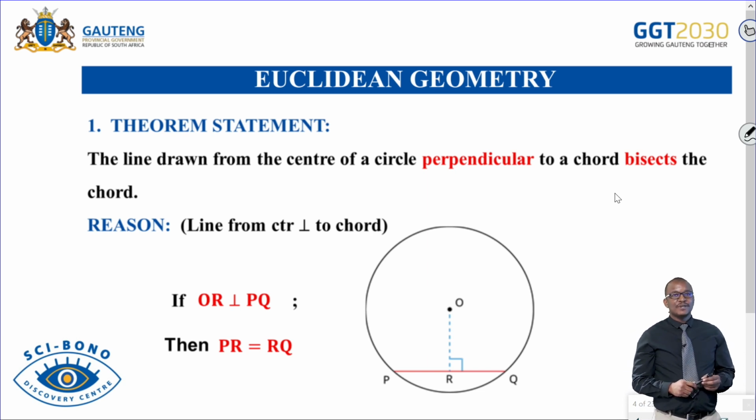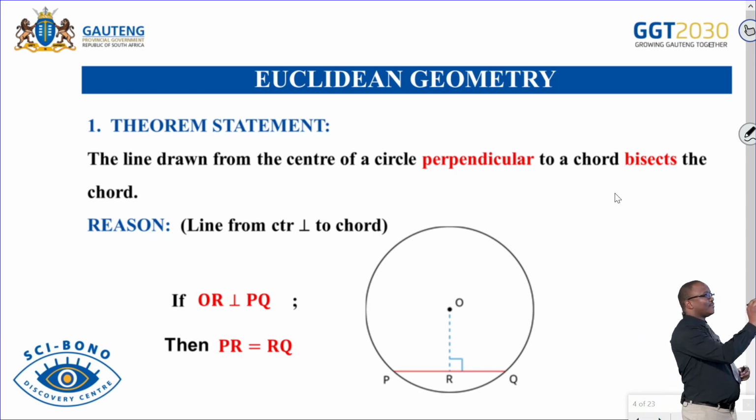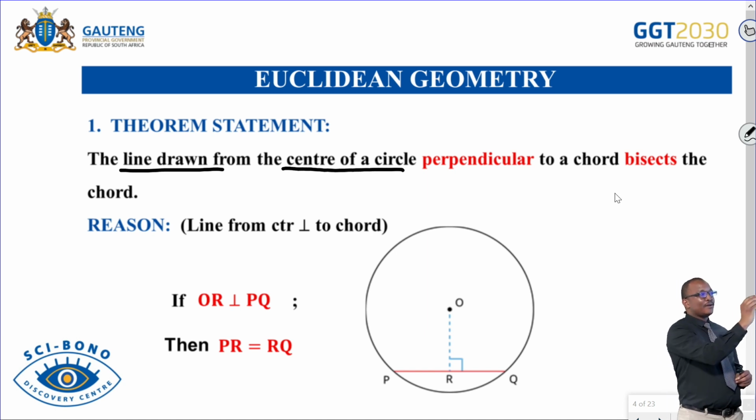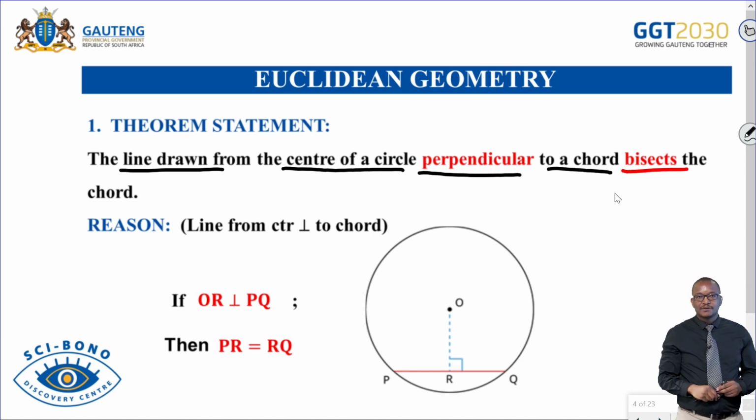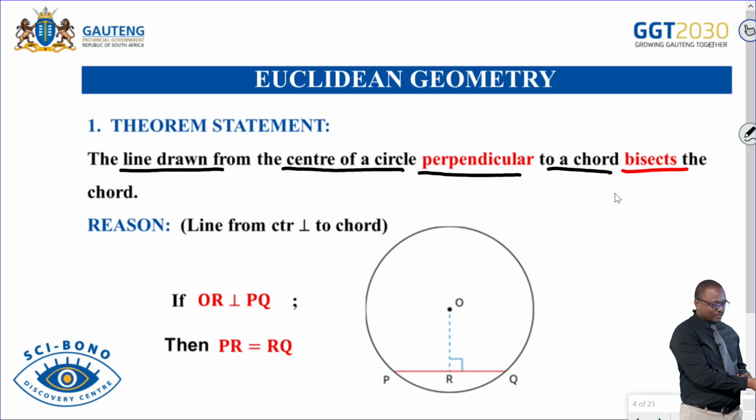Our theorem is stated: the line drawn from the center of a circle perpendicular to a chord bisects the chord. So what are we talking about here?